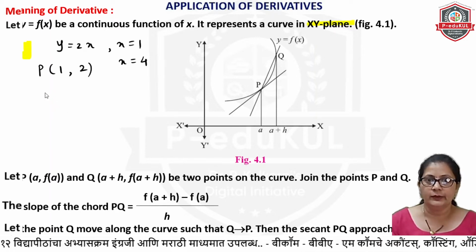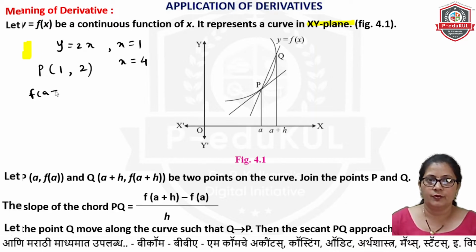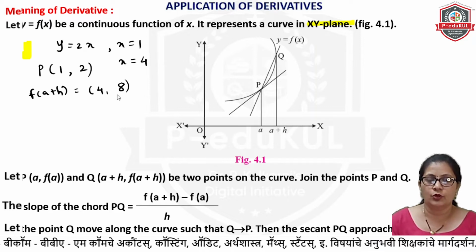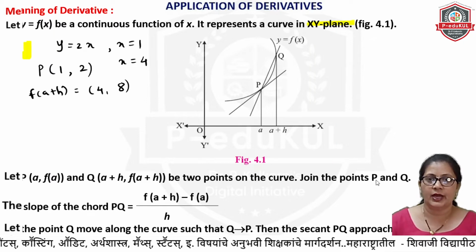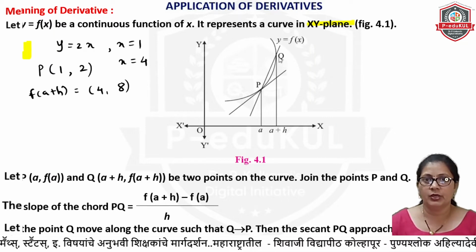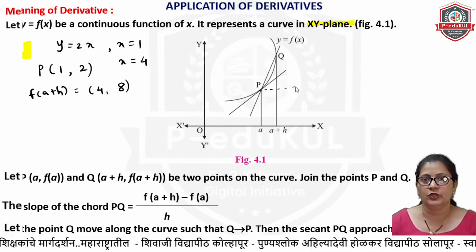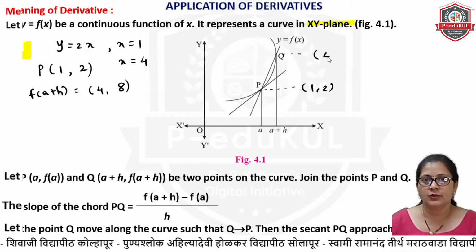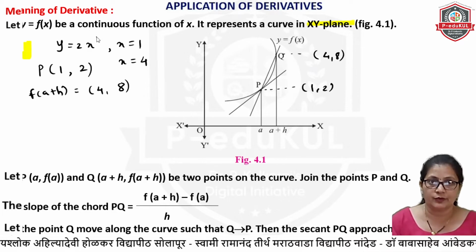Then f(a plus h) I will get is (4, 8). So I get these 2 points and I will write them: this point will be (4, 8) and this will be (1, 2). If this is my function, then this will be (1, 2) and this will be (4, 8). This is what I have explained with this particular function.